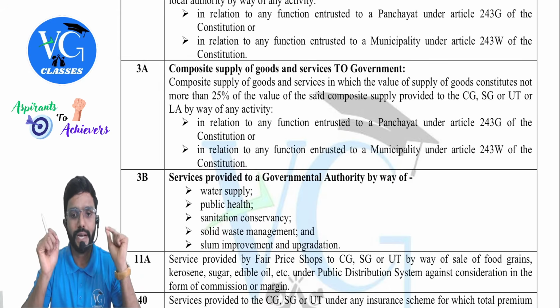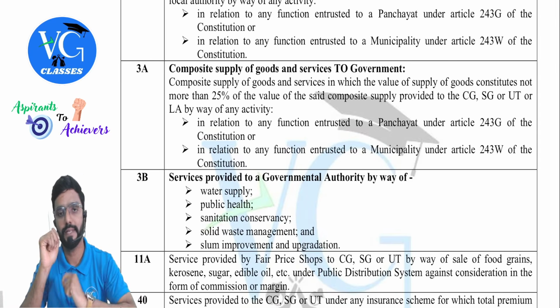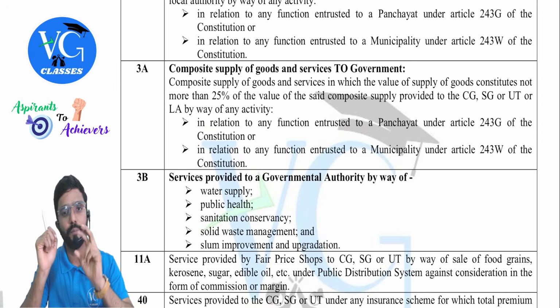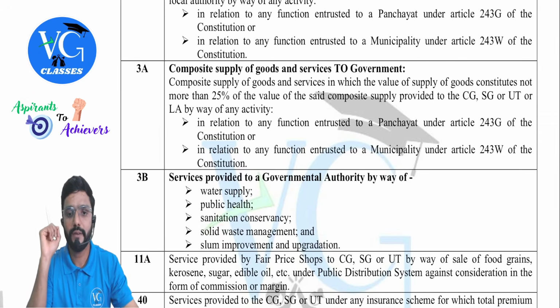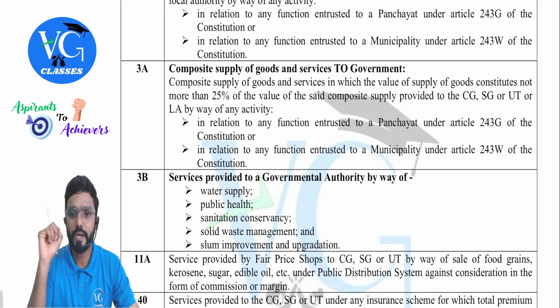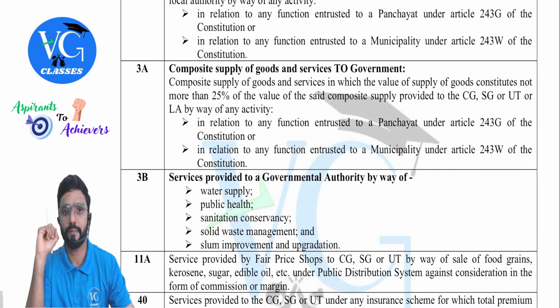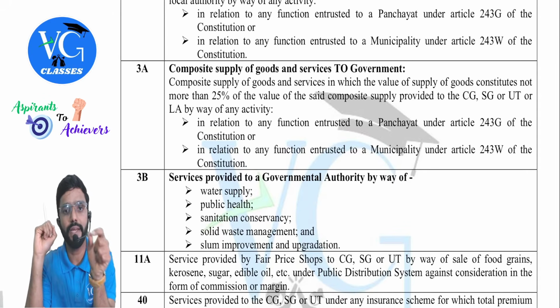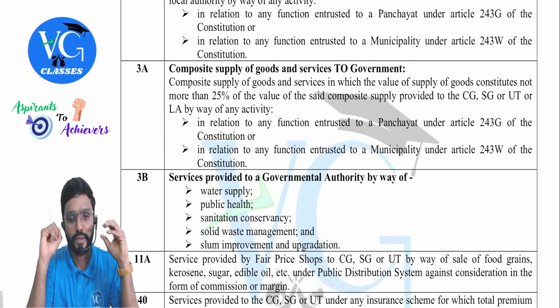Composite supply of goods and services to government. Composite supply means which includes both goods as well as services, but the goods component should be less. Composite supply of goods and services in which the value of supply of goods constitutes not more than 25% of the value of said composite supply. Means out of the overall supply, the goods component should be less than or equal to 25%.